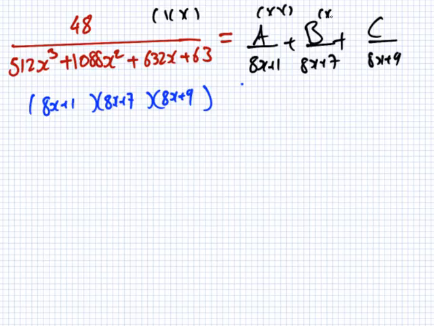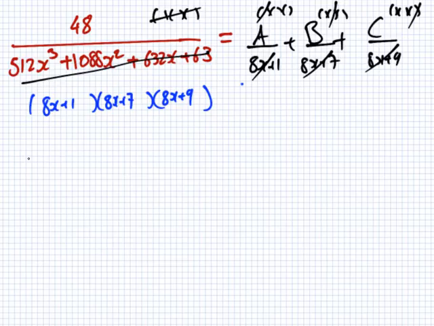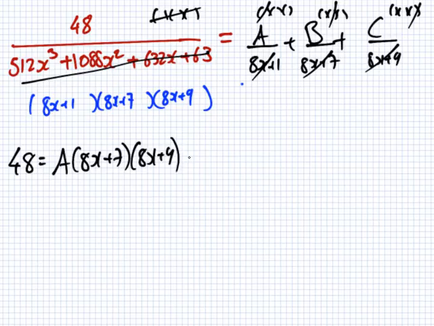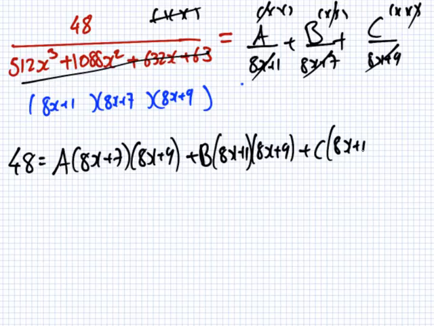What's nice is that each one cancels its matching factor. So you're left with 48 equals A(8x plus 7)(8x plus 9), plus B(8x plus 1)(8x plus 9), the middle one was cancelled, and C(8x plus 1)(8x plus 7).